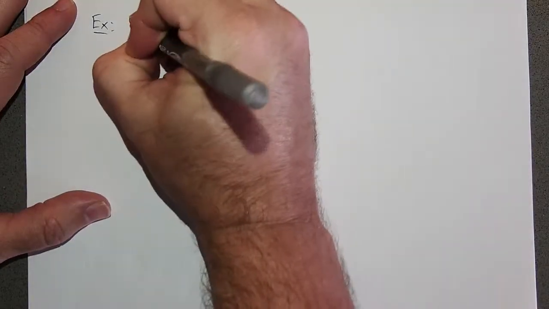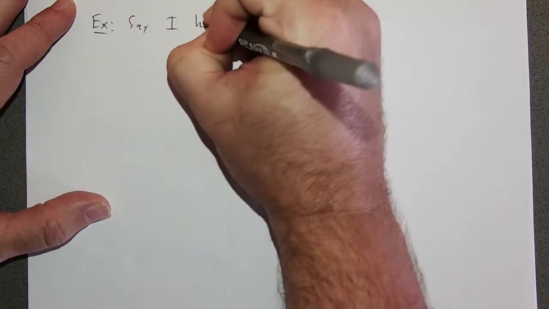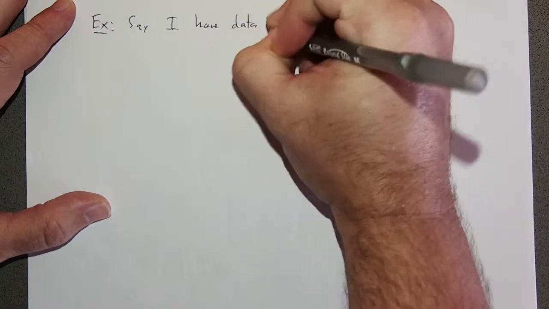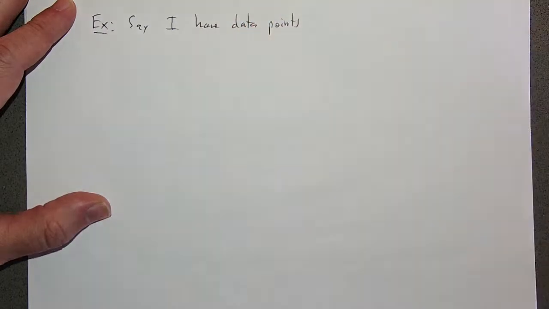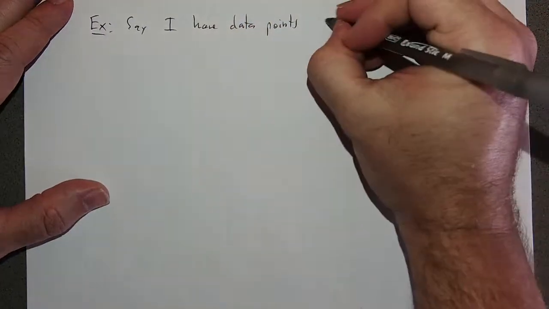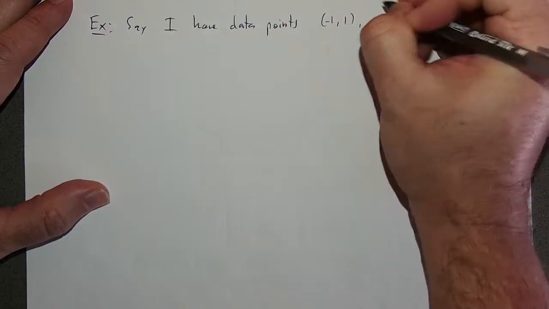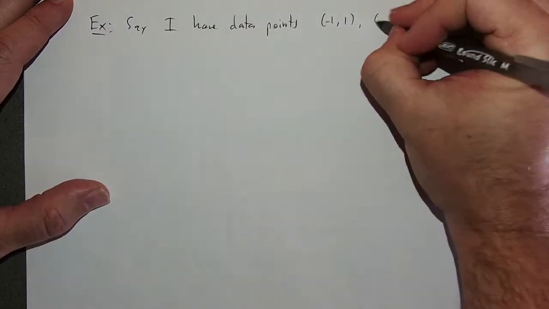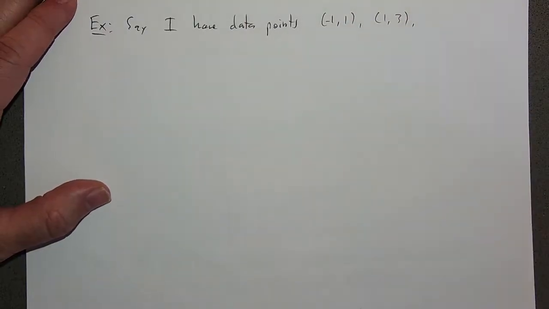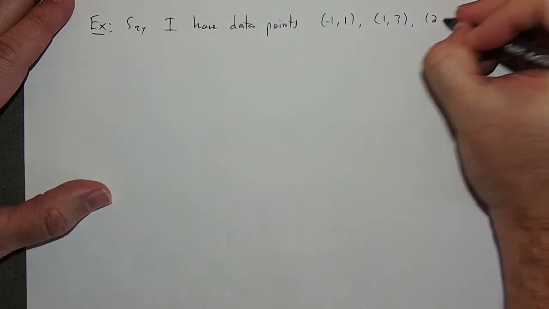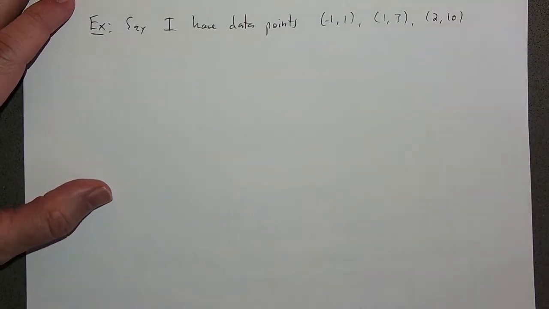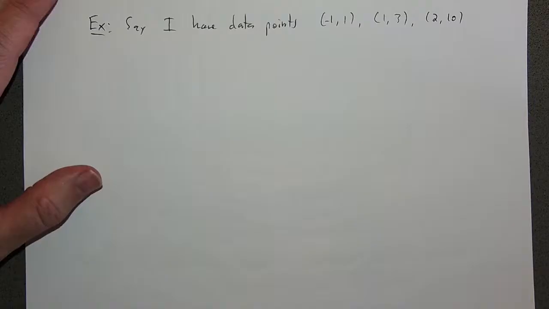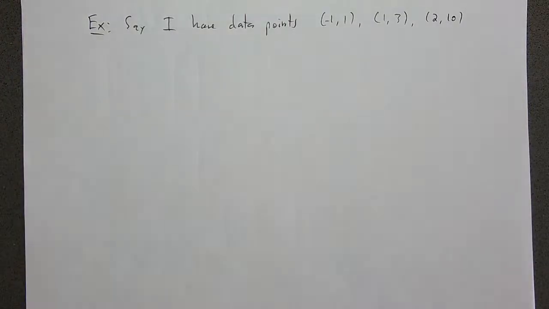Say now I have data points minus 1, 1; 1, 3; 2, 10. Now I plot these. I'm not even going to plot them here, but I plot these and I notice, hey, it looks kind of like these follow the following curve.